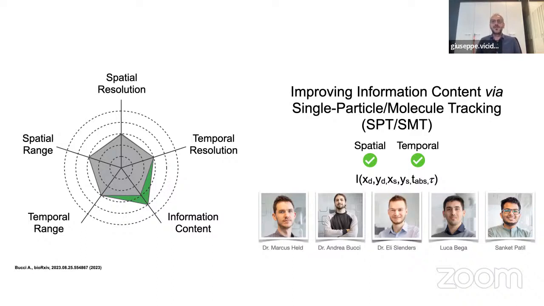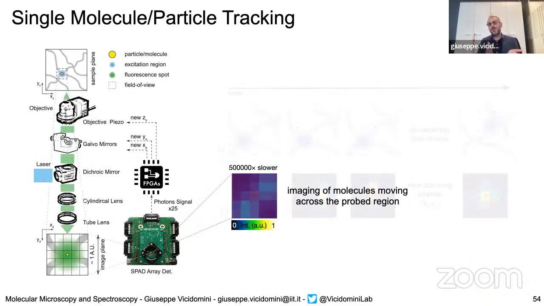That means that when we extract some parameters, some information about the dynamics of a molecule or a particle, that's an average measurement. So here what we do is use our SPAD array, and the single-photon spatial and temporal information provided by this detector, to implement single molecule, single particle tracking.